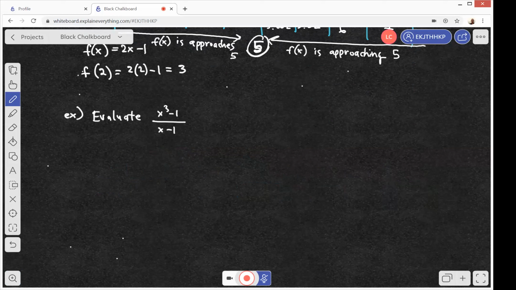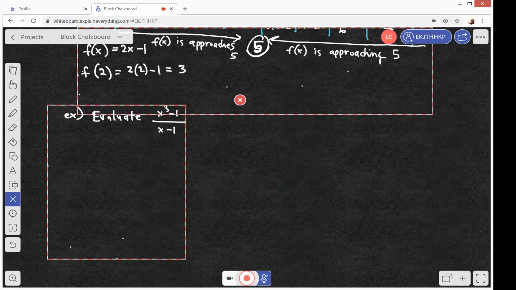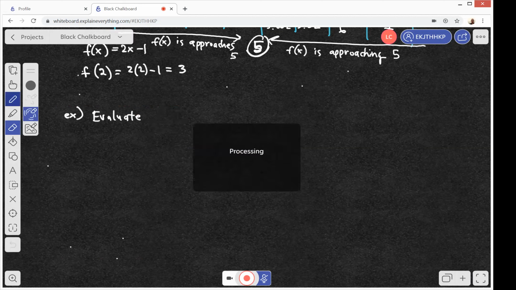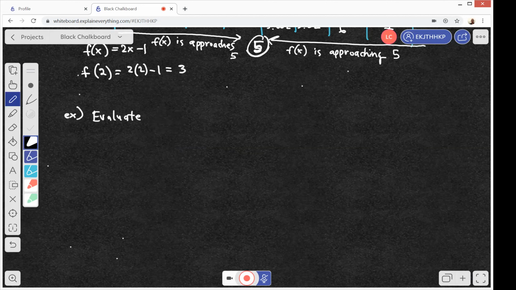Oh, it's the limit problem. Let me fix this. Sorry, you guys. We're talking about limits. So I got to fix this. We got to make sure we put the LIM. That's what we're doing here. All right, here we go.